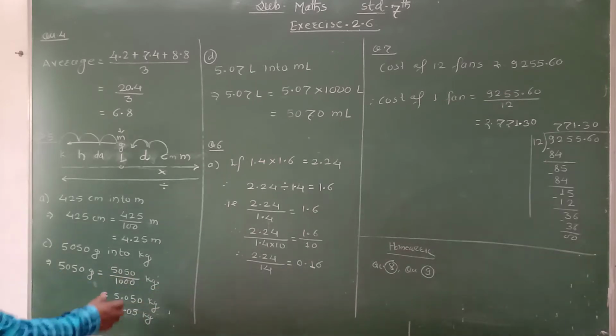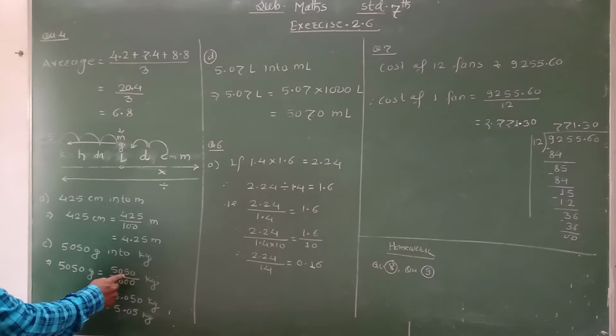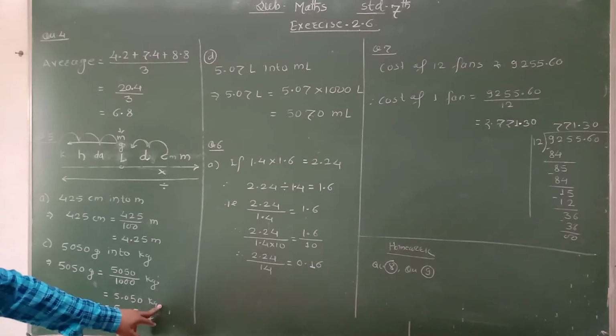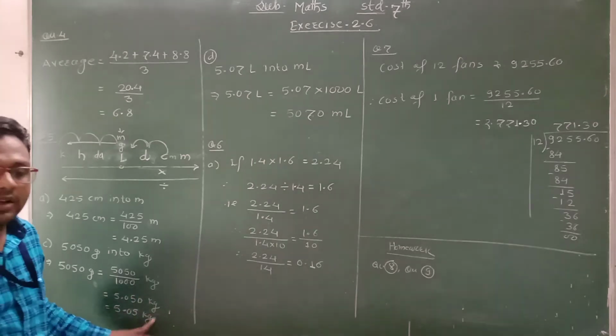According to the rule, division by 1000, so we put the decimal point after 3 digits, 1 2 3. Therefore here we get the answer 5.050 kg. We can write 5.05, there is no need to write that last 0. 5.05 kg is the answer.